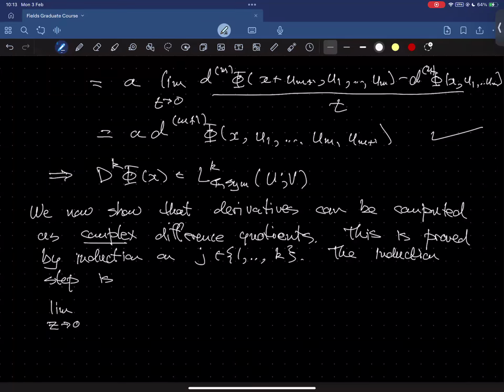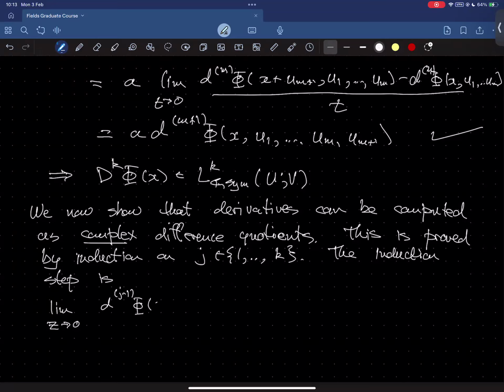So if I know it's true for j minus 1, I'm going to see why it's true for j. I'm going to take the difference quotient for the jth derivative, which is the difference quotient involving the j minus first derivatives.